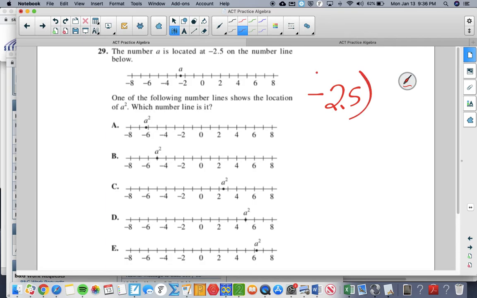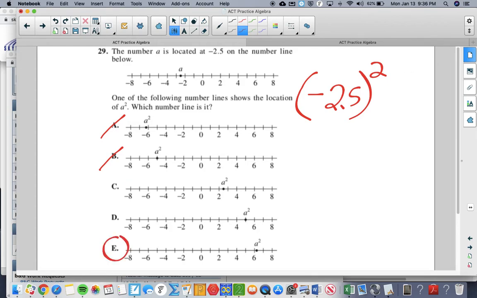I put this in parentheses because if you don't, your calculator is going to give you a negative value. And we all know that a negative times a negative is a positive. So these negative answers are silly. There's no way negative 2.5 squared is some negative number. When you take negative 2.5 squared, you get 6.25. So that should be option E.